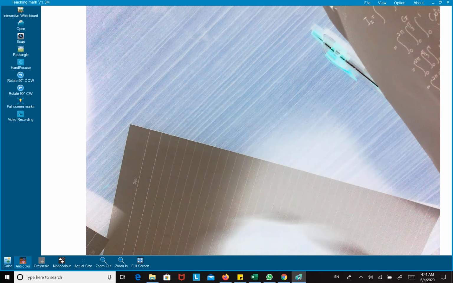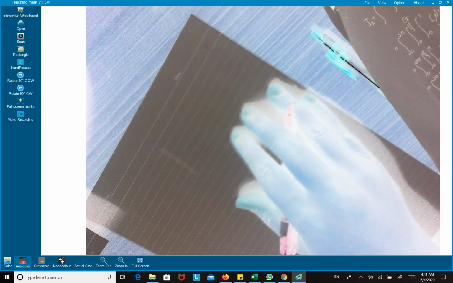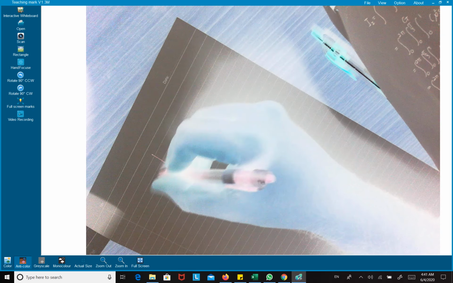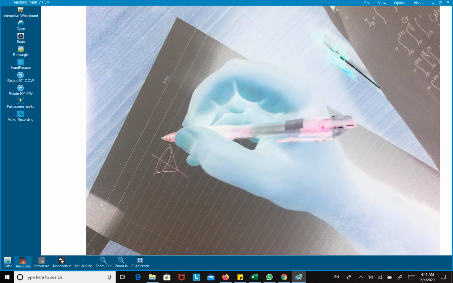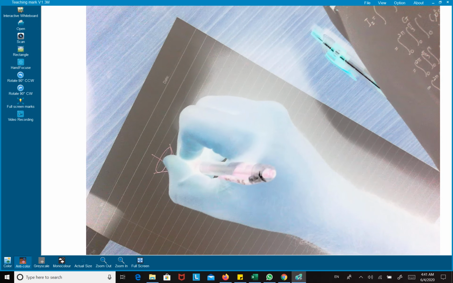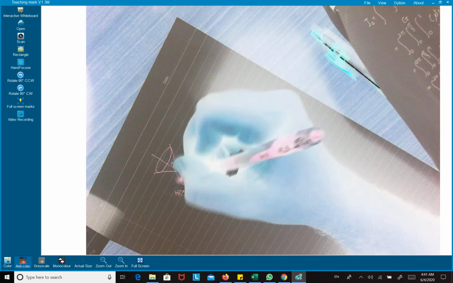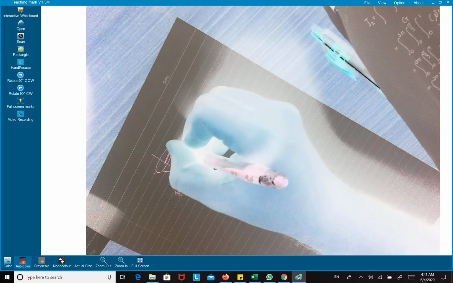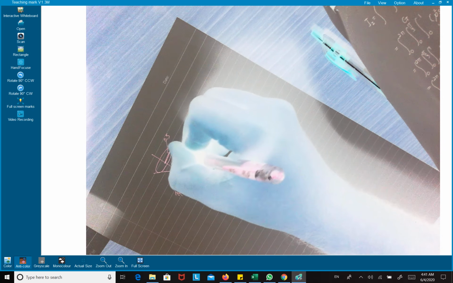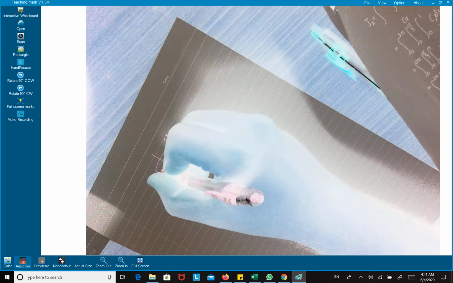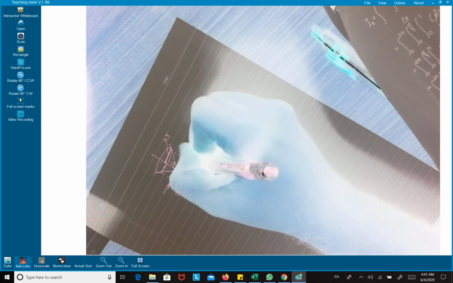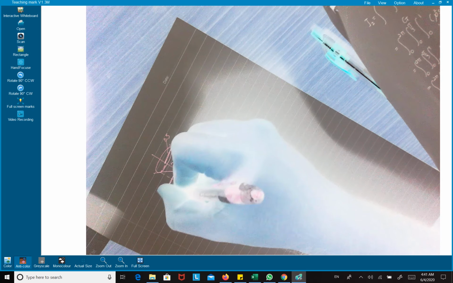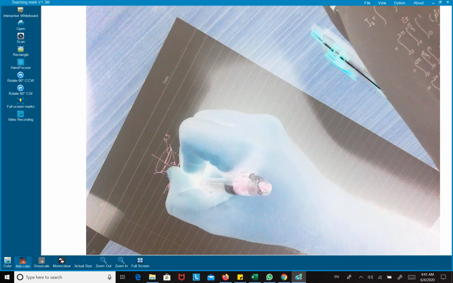You have a cone, and I just draw the front part. Inside is a circle, this is pi over 3, this is 0.5, and the horizontal axis is 0.866 and negative 0.866.